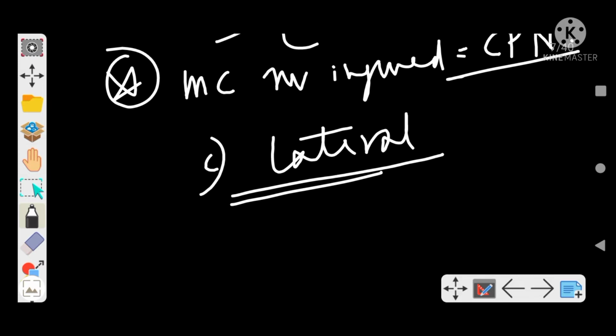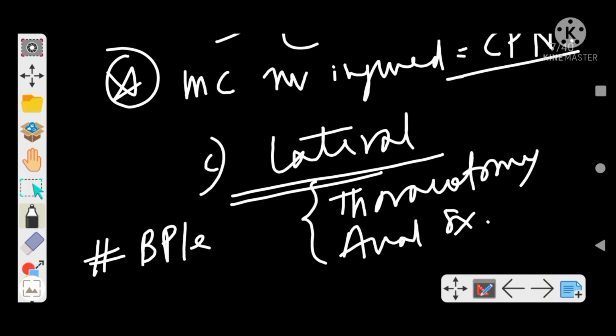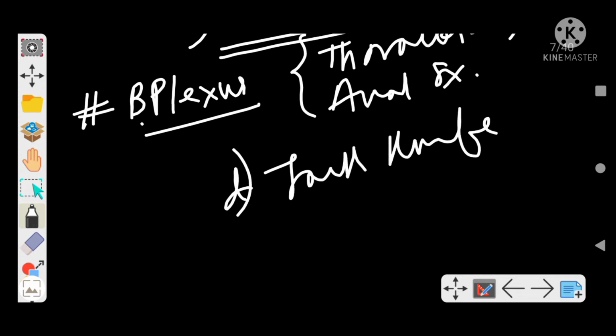Talking about your next position, our lateral position. Lateral position is used in two surgeries, thoracotomy and anal surgeries. Here the most common complication is brachial plexus injury, right? Brachial plexus injury. We will move to our next position, which is your jackknife position.